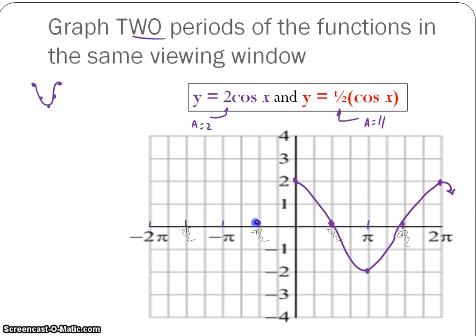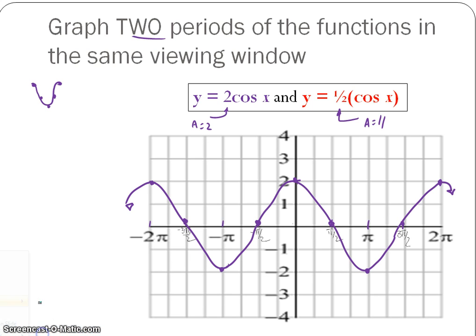And I'm going to continue this pattern in the other direction and have my other u. You want to make sure it looks like a U shape and not a V shape, and you do want to connect your dots. Okay, so now I've connected. I have arrows on both ends, and all of my key points are labeled. So that's with the amplitude of 2.